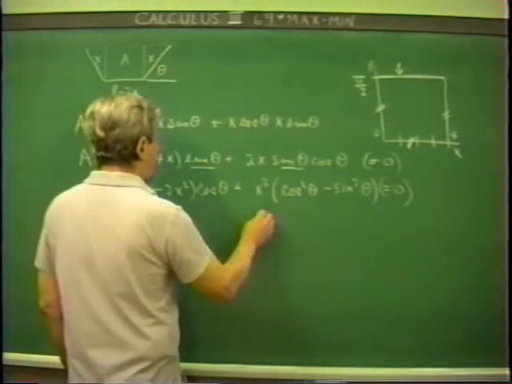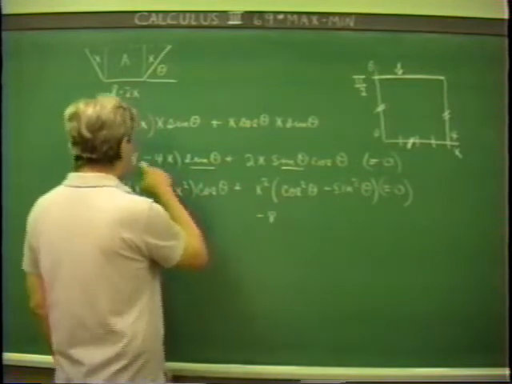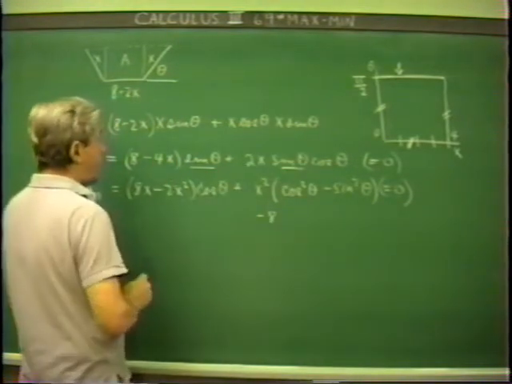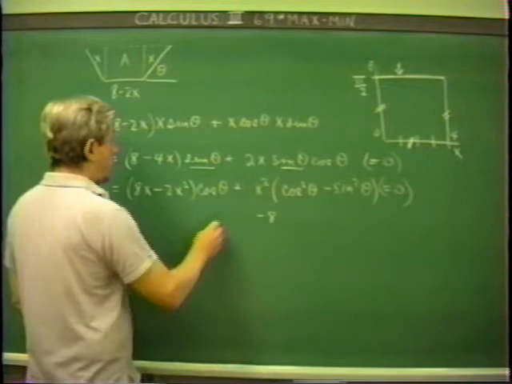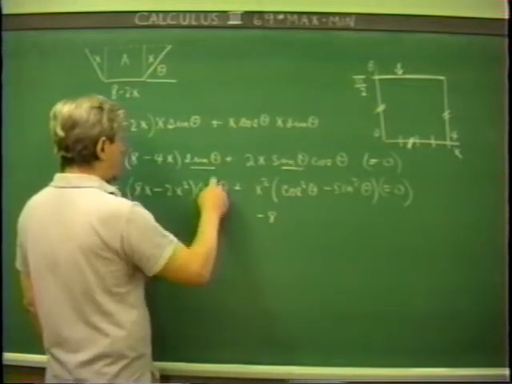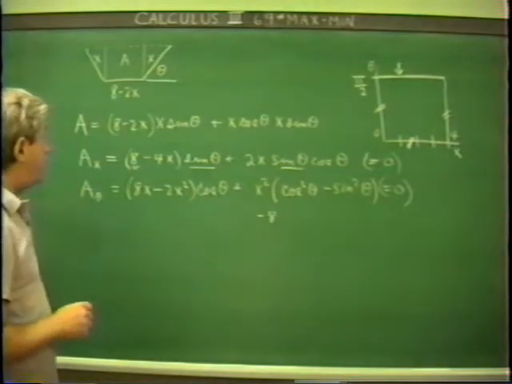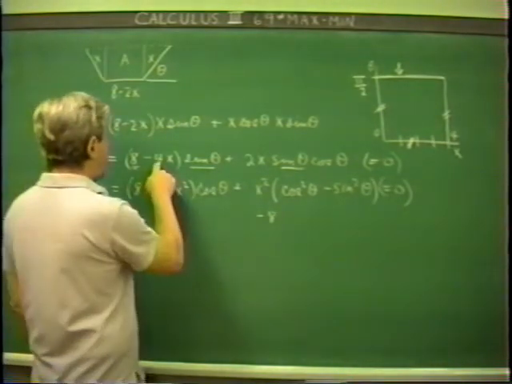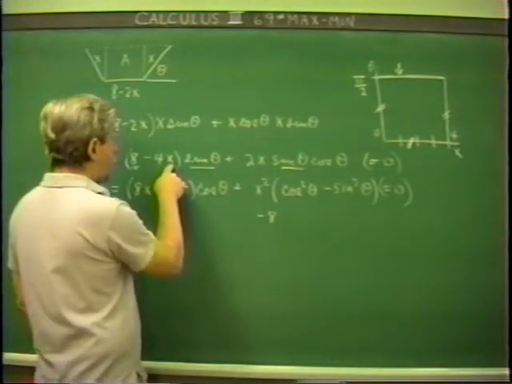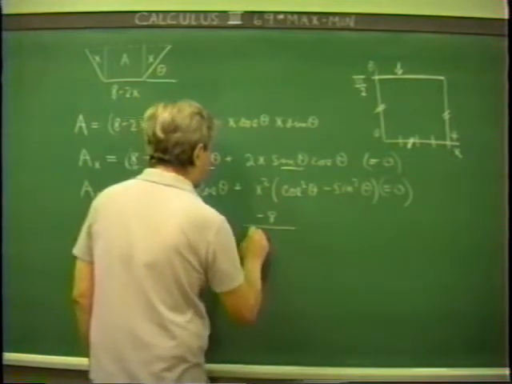Solving this here for x, we have minus 8, bring the 8 to the right-hand side here. That's the only term that doesn't have an x in it.